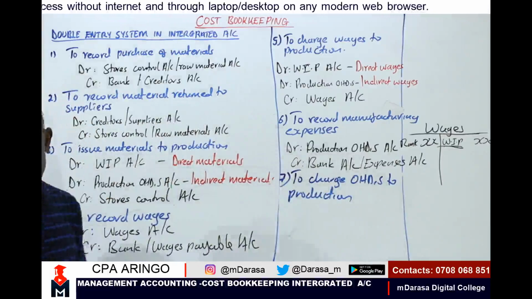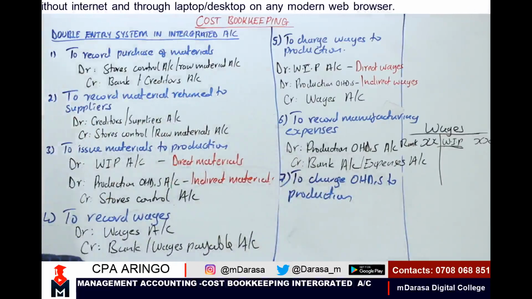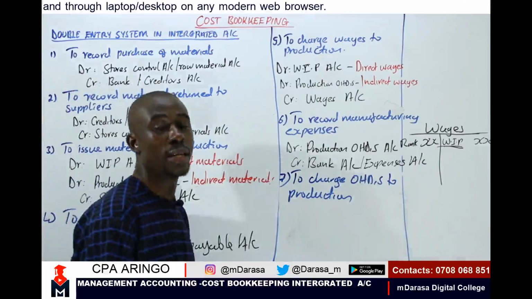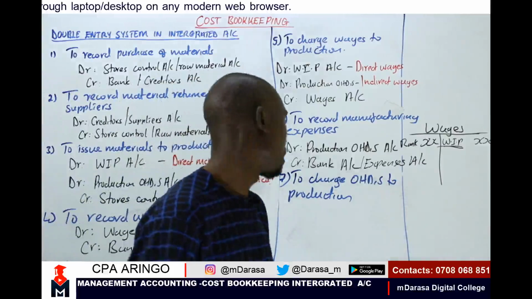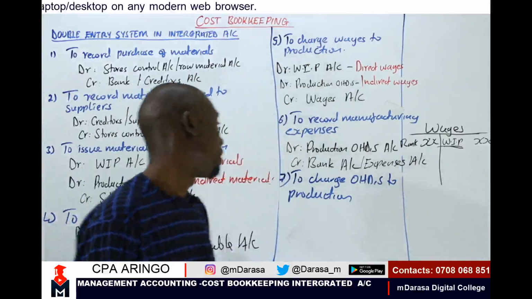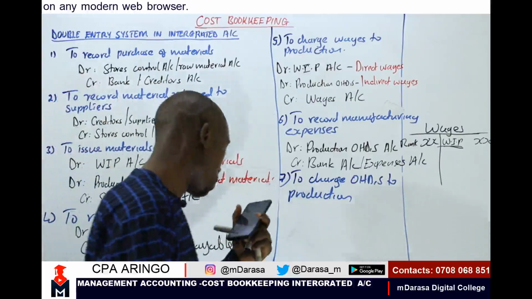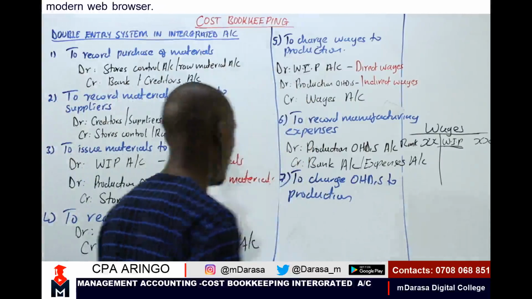To charge overheads to production, the same concept that we had noted earlier should also click at the back of our mind. The moment I'm seeing charging to production, of course, the concept of work in progress should always ring at the back of our mind.